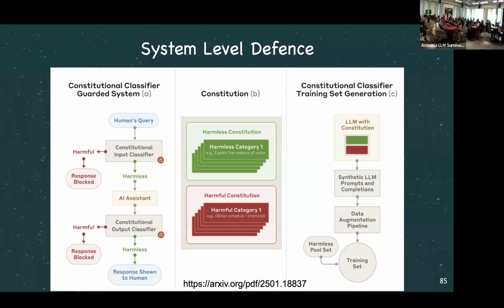And yeah, that's basically more at the system level, and so that's more efficient because, for instance, a simple GCG may look like a harmless or okay query. The AI assistant will be bypassed, but the classifier of the output will obviously figure out that the answer is harmful.